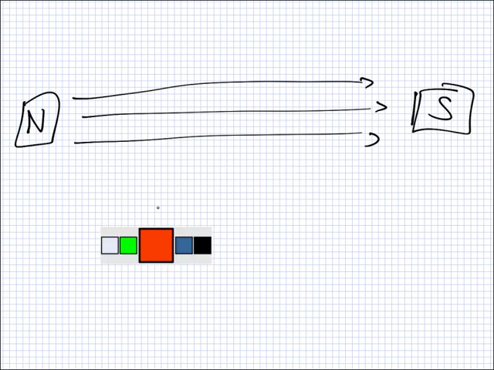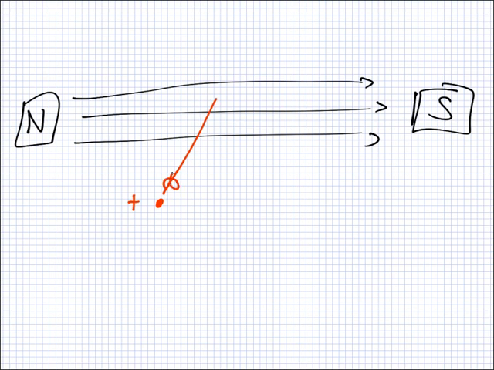Then you have a little particle like a proton. The proton moves along here. The proton will make a field, but when it gets here, these two fields will push together, and the proton will change direction because there will be a force on it.